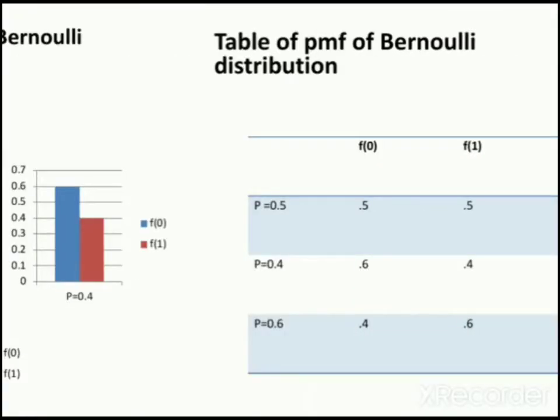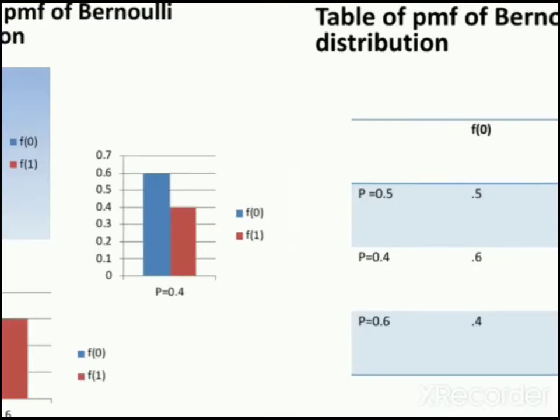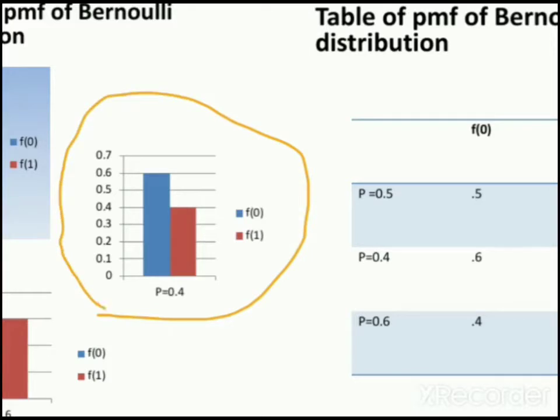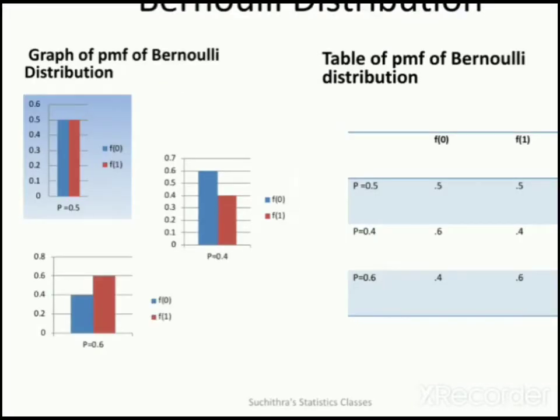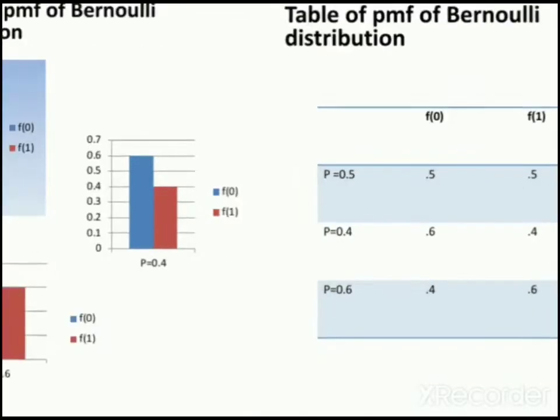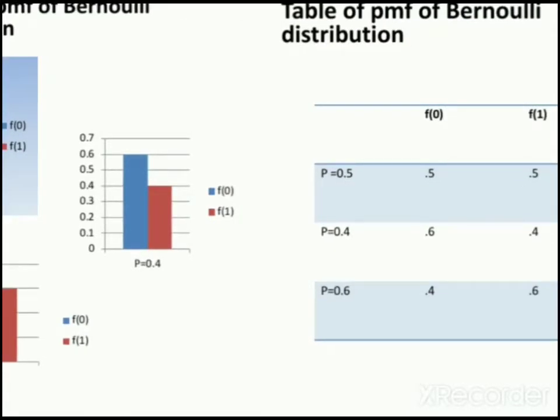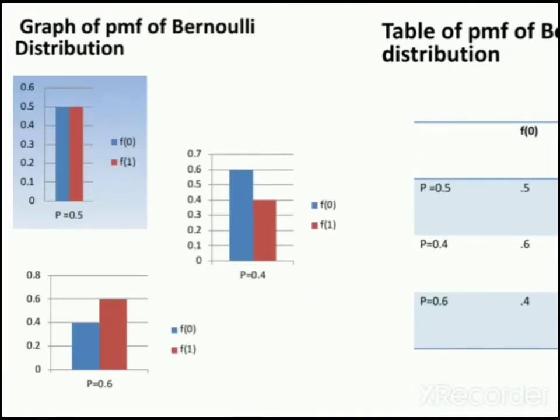If p equal to 0.4, f of 0 is 0.6 and f of 1 is 0.4. Then the graph will be like this. If p is 0.6, then f of 0 is 0.4, f of 1 is 0.6. Then the graph will be like this.